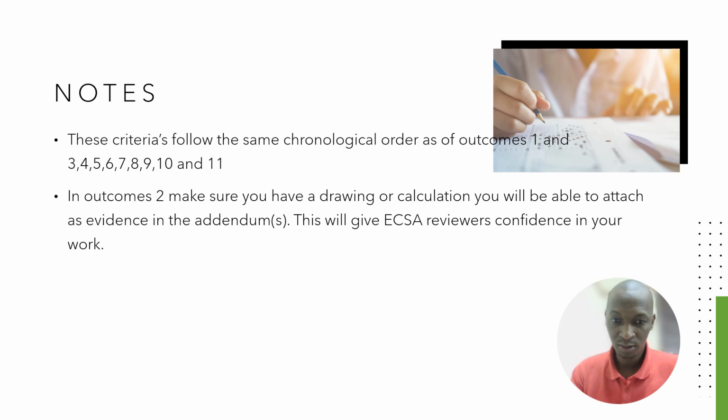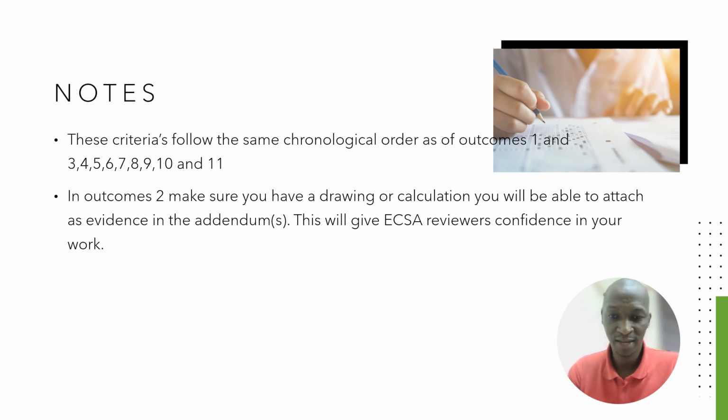So in outcomes 2, make sure you have a drawing or a calculation that you will be able to attach. This is now at outcomes 2 and criteria 2.3. Make sure that you leave ECSA with something that they have as evidence, because on the outcomes side of things, they want you to detail.